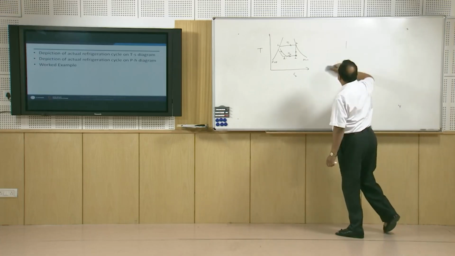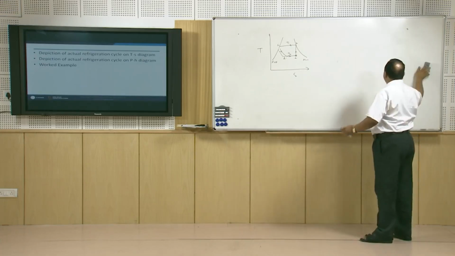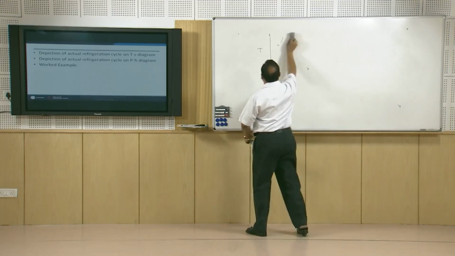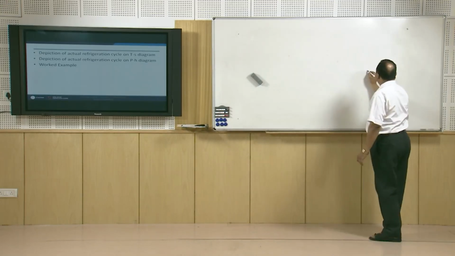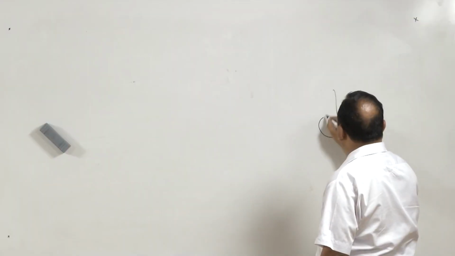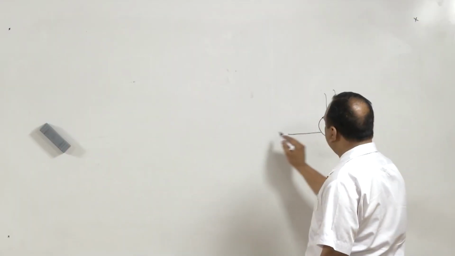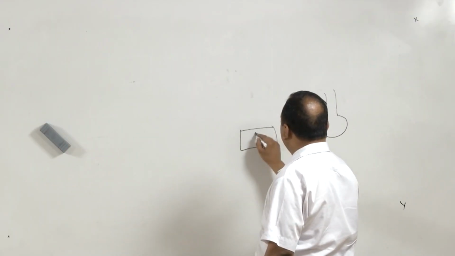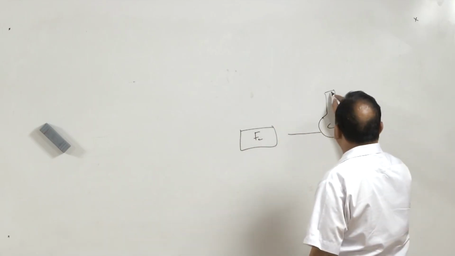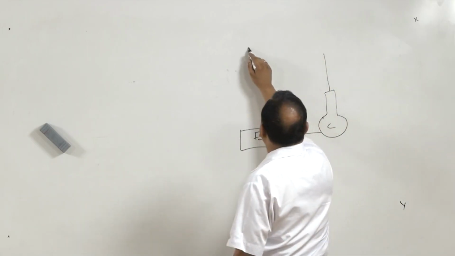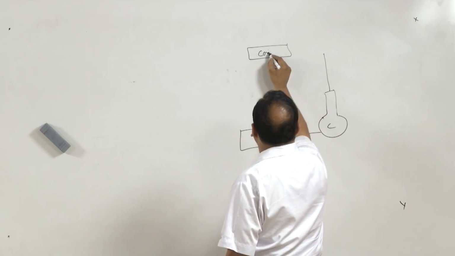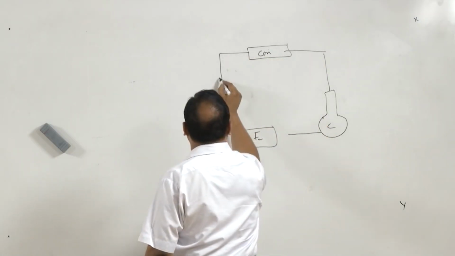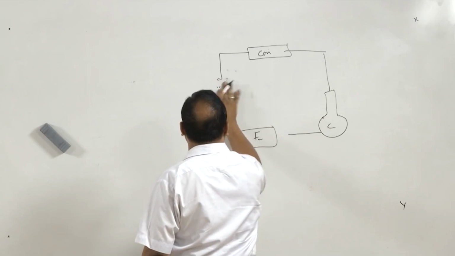As you know, in a refrigeration cycle, there are 4 components. One is the compressor, where the vapor enters from the evaporator, it goes to the compressor, from the compressor it goes to the condenser, and from the condenser it goes to the expansion valve.